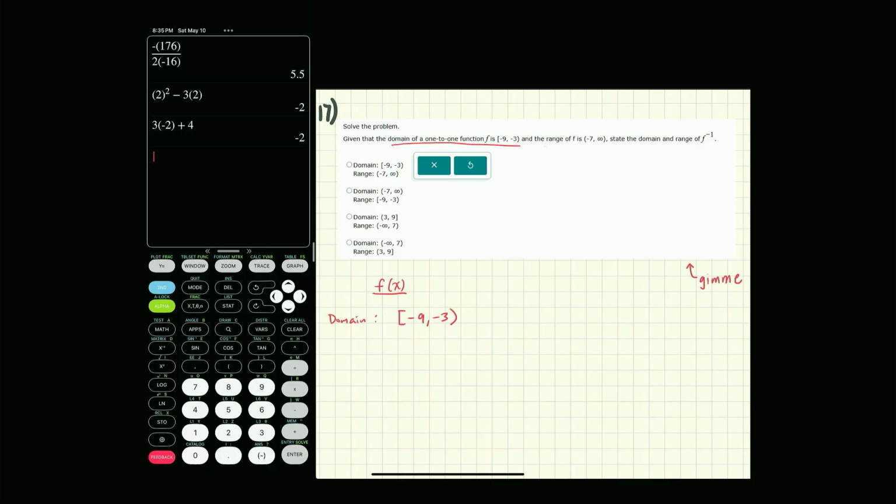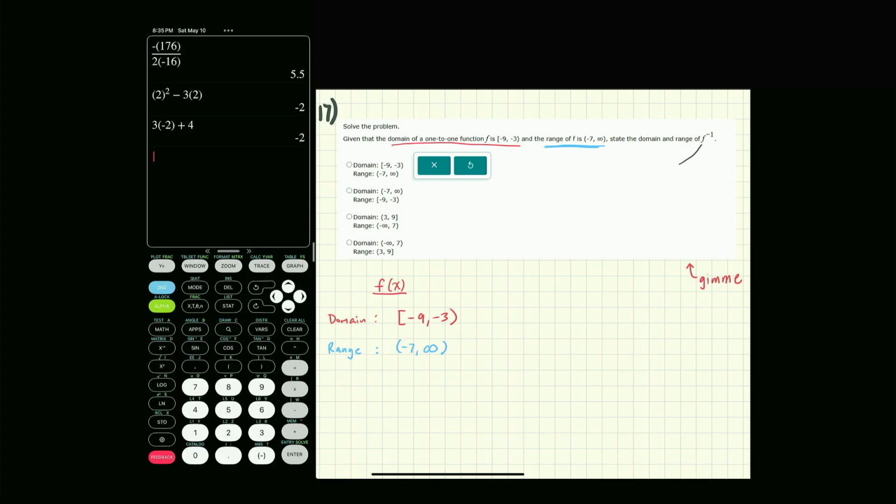And the range they state is -7 to infinity. What they're asking is for us to state the domain and range of the inverse of the function.